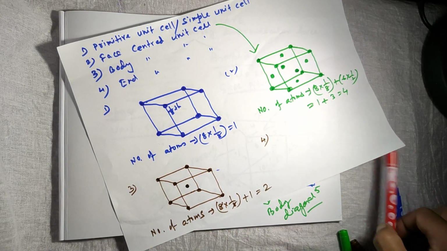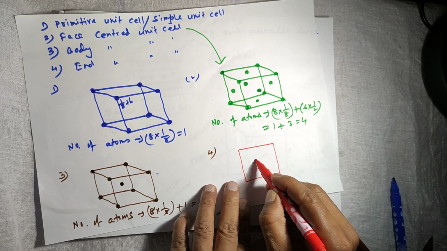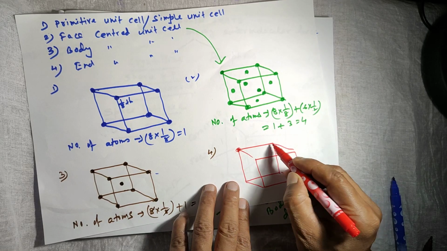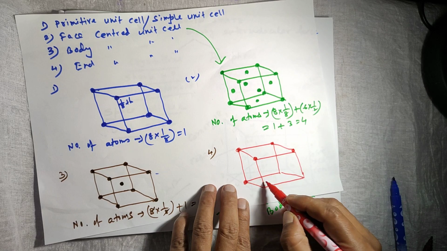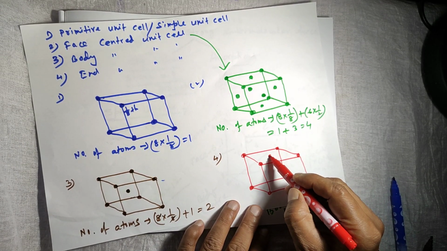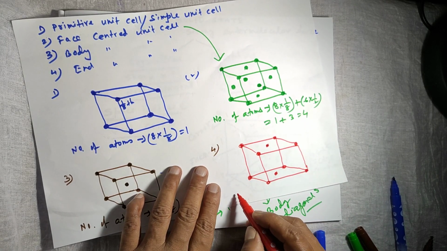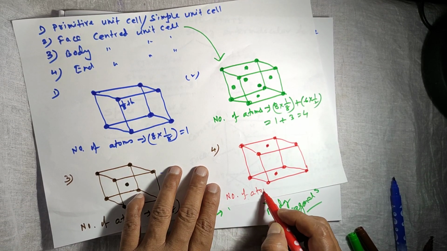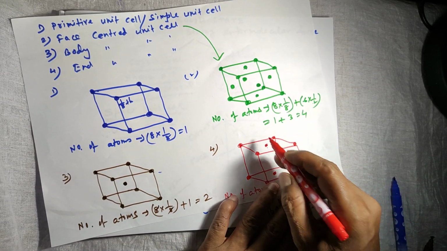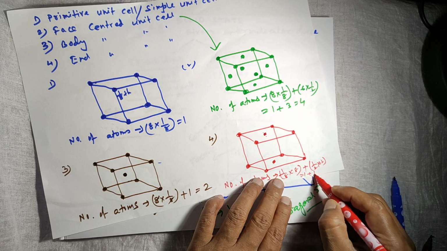Number 4, end centered. Corners contain atoms, and this is basically end centered, so any two opposite faces contain atoms. So the number of atoms in end centered will be 1/8 into 8 plus half for each of the two faces, half into 2, so it will be 1 plus 1, that means 2.